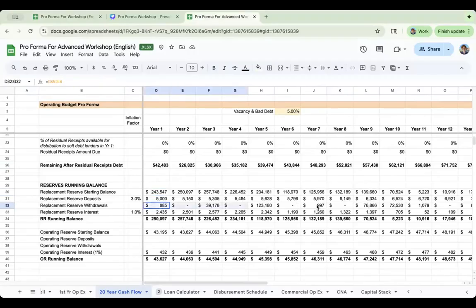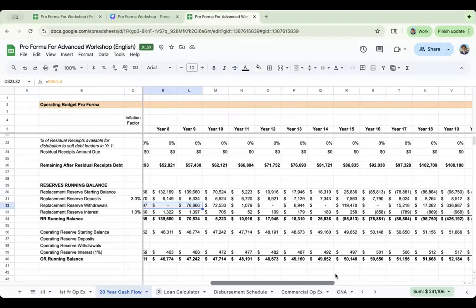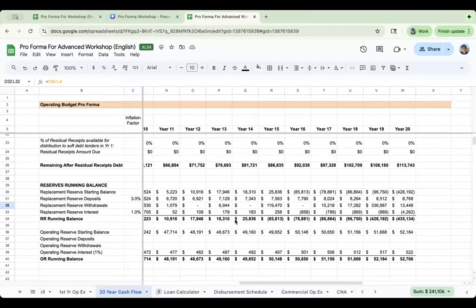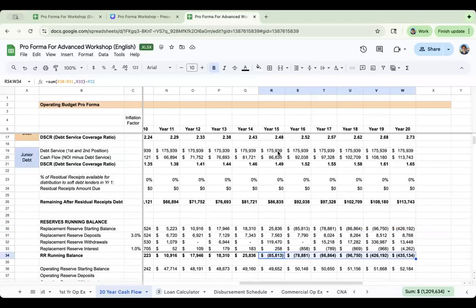And we've got our CNA annual withdrawals put in here. So we see we're doing okay, but then we have this one year with a massive amount of needs. And then we dip into the negative in terms of our replacement reserve, which is not where we want to be. The good news here is that we're in year 15 of the loans.